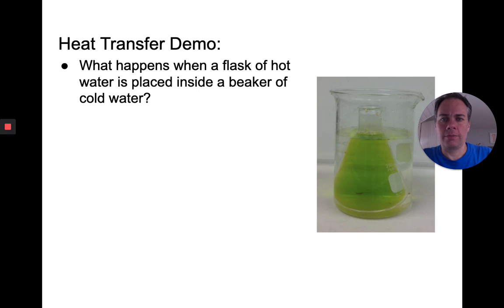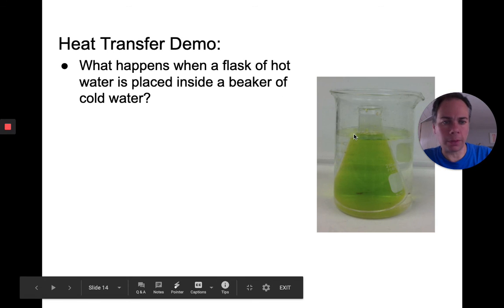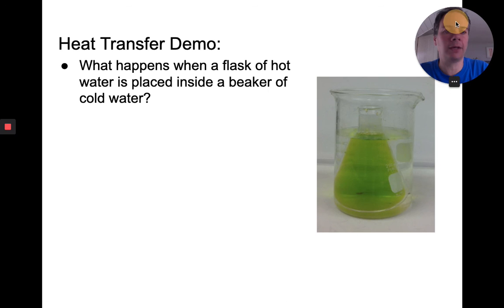Okay. If I take a flask of hot water and put it inside a beaker filled with cold water, the same thing would happen, even though the waters aren't able to mix. These are closed systems. Okay. The heat from this flask of green hot water would be transferred into the colder water. Until when?